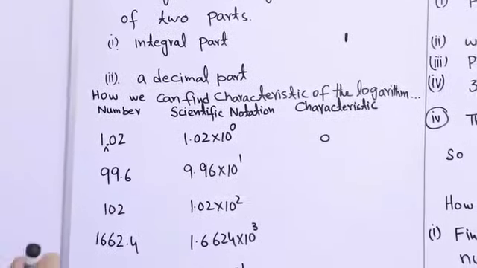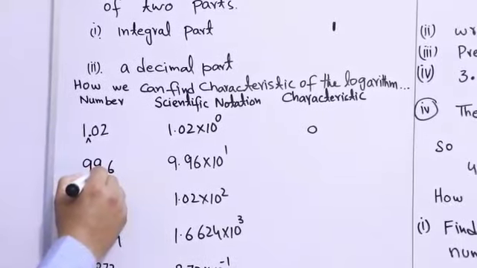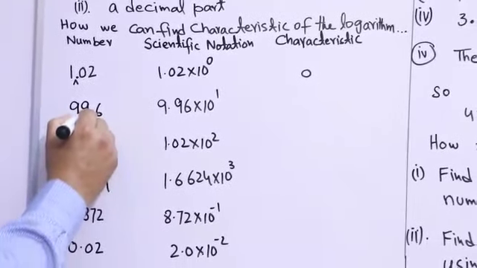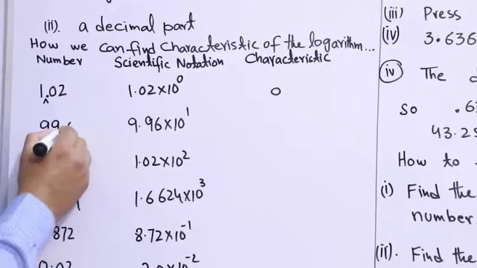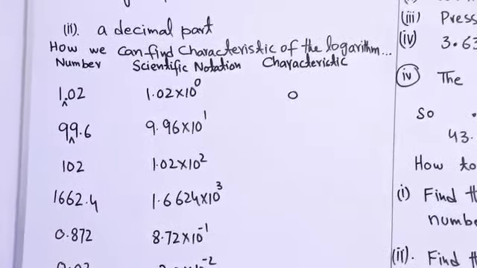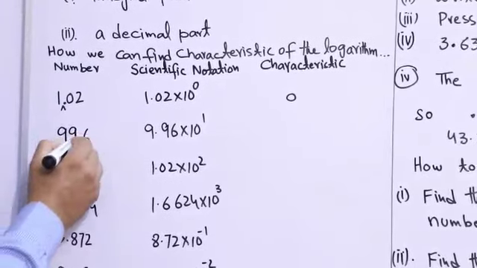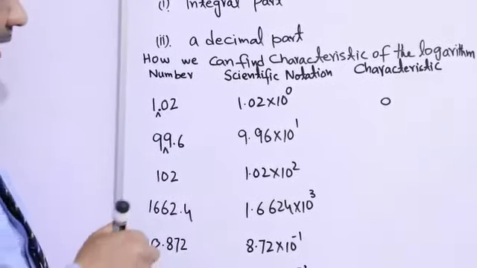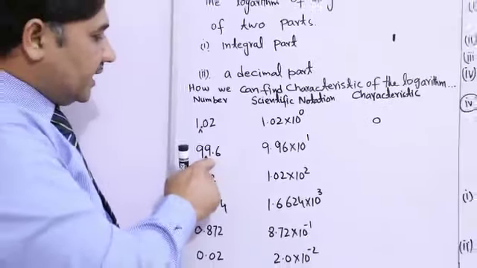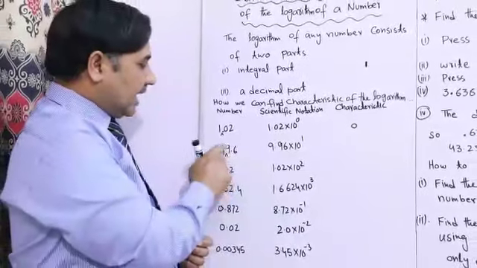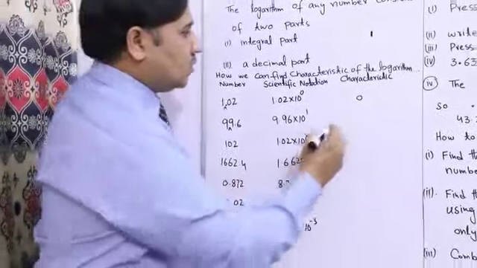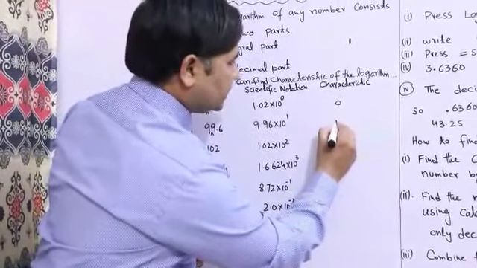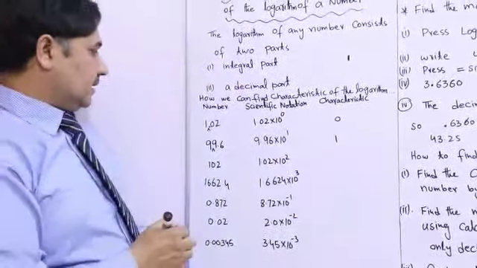Now in the second part, the first non-zero digit is 9, so the reference position is here, and our decimal point is after 9. So there is only one digit between the decimal point and the reference position, and since this number is greater than 1, our characteristic is positive 1.